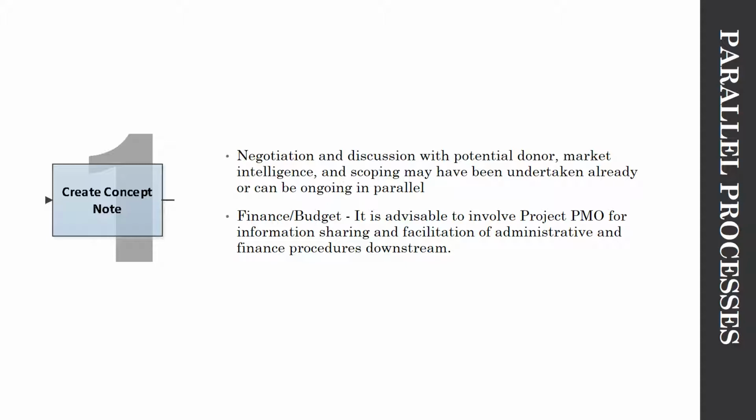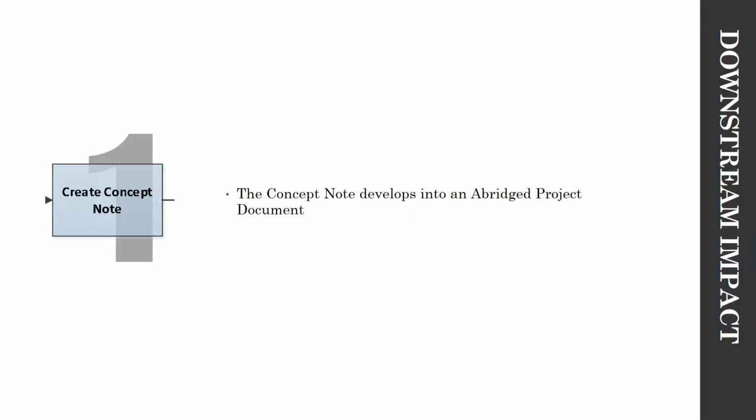With regards to the finance and budget side, we are advising that you involve the project PMO, your Program Management Officer, for information sharing and facilitation of the administrative processes downstream. The downstream impact of this step is that your concept note will develop, based on feedback, into an abridged project document or full project document.